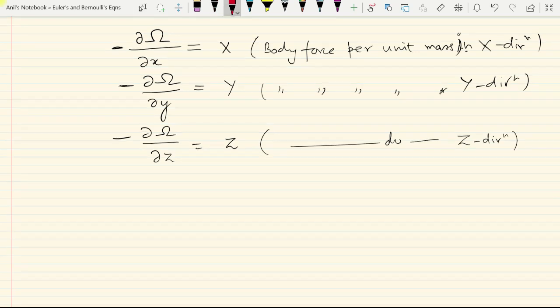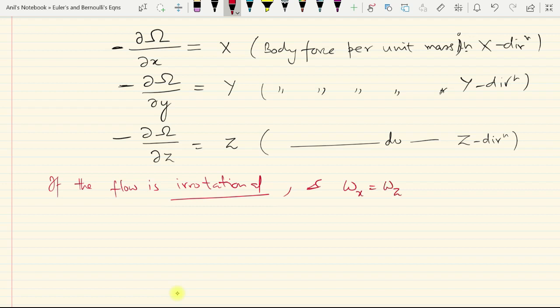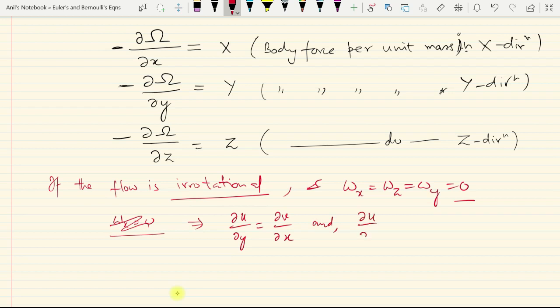Now, if the flow is irrotational, that means omega x, omega y, omega z will all be 0. So due to that, we will get del u by del y is equal to del v by del x, and del u by del z is equal to del w by del x.